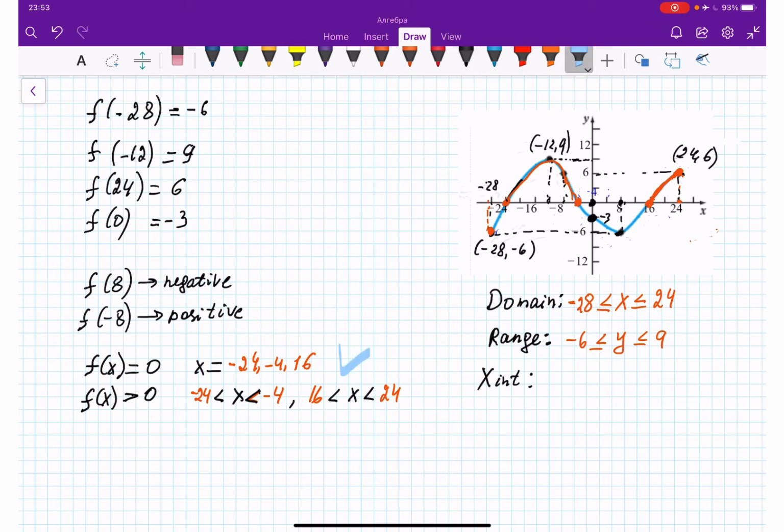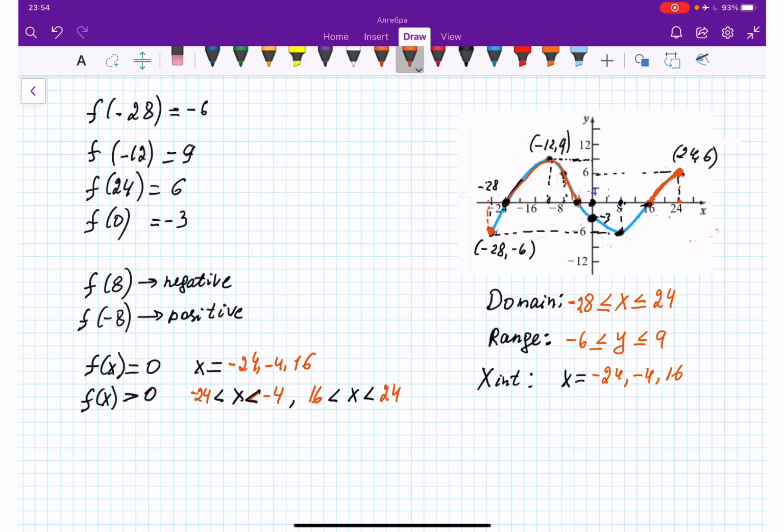F of x is equal 0. So it's going to be this point, negative 24. It's going to be this point, negative 4, and it's going to be this point, 16. So x-intercept is going to be x equal negative 24, negative 4, and positive 16.